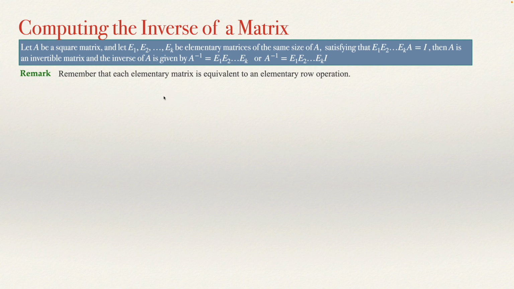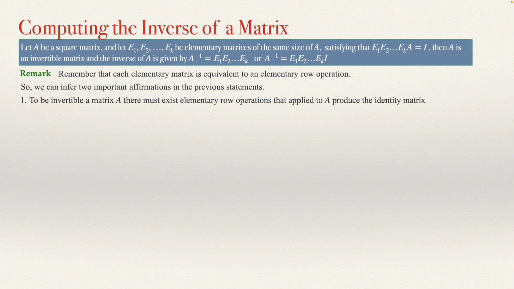From this, we can infer two important affirmations. First, for a matrix to be invertible, there must exist elementary row operations. Here I say elementary matrix, but I know that an elementary matrix is the same as an elementary row operation. They are equivalent to row operations that, applied to A, produce the identity matrix. So for a matrix to be invertible, we need to have elementary row operations that transform the matrix into the identity.